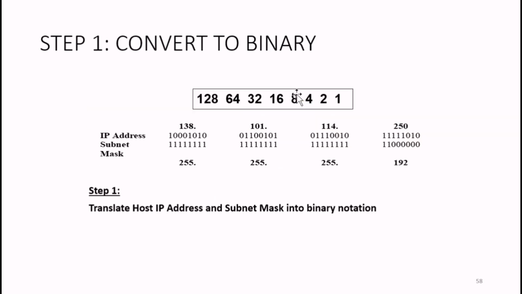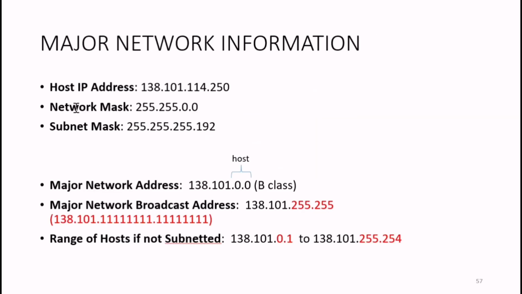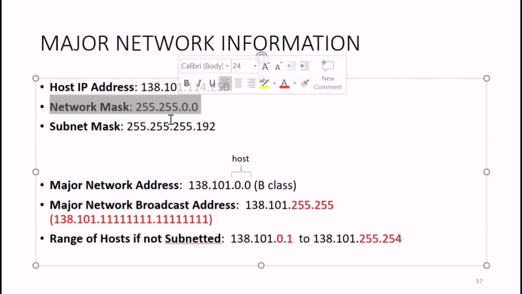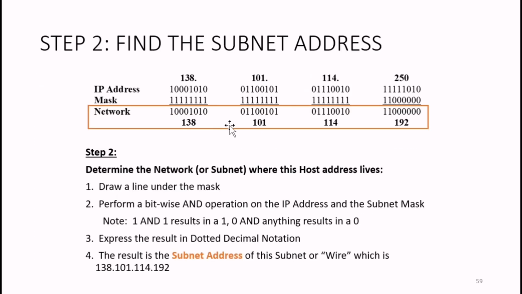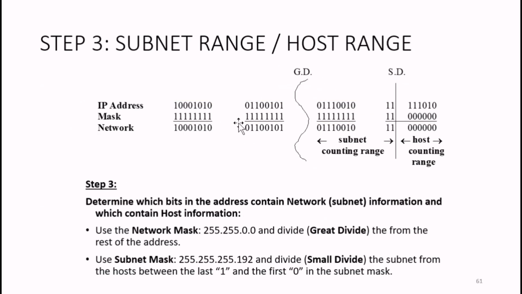If you look back, it gives a network mask of 255.255.0.0, which is class B. So class B means the first 2 octets are the network. So that's why we place the grade divide between network and host in class B.